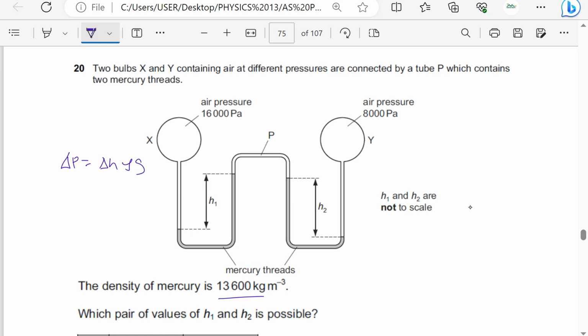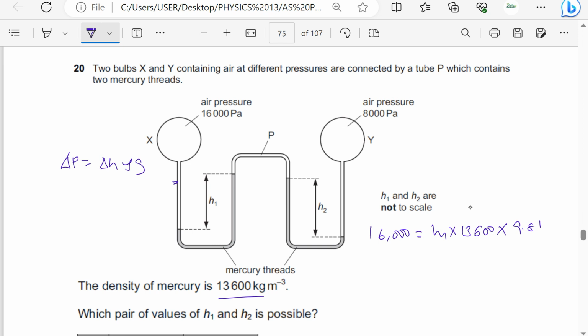So on the left hand side, we have 16,000, that is the air pressure there, which should be equal to H1 times the density of mercury, which is 13,600, then times g, which is 9.81. Okay, so for equilibrium, of course, the pressure this side should be the same as the pressure the other side. So that gives us H1.